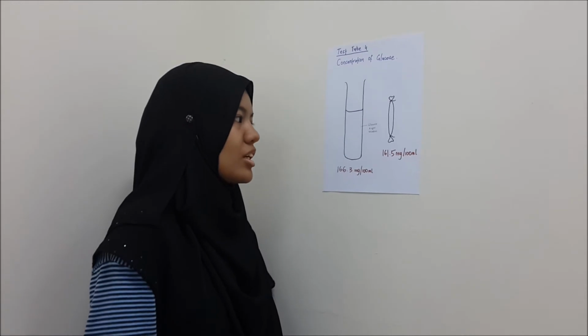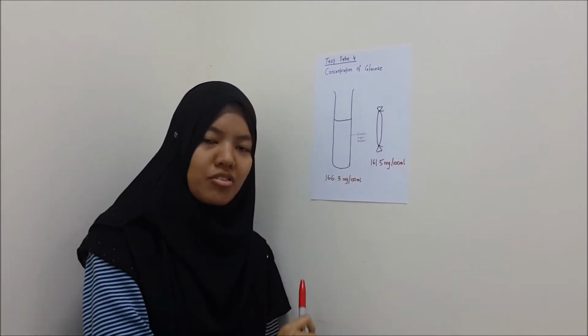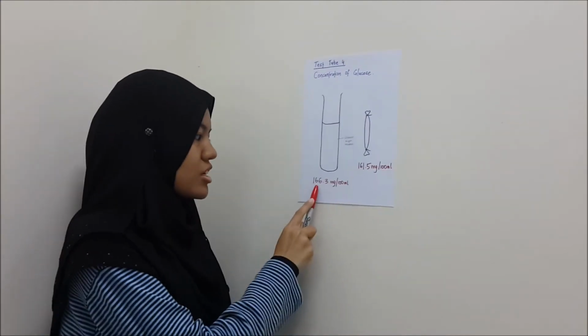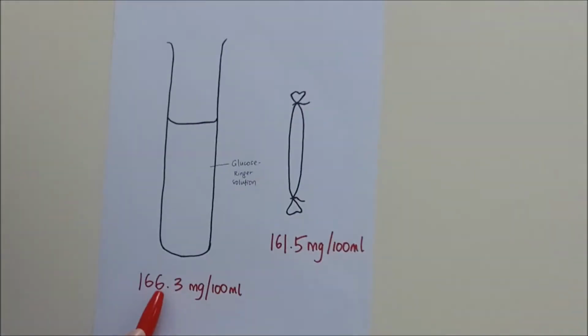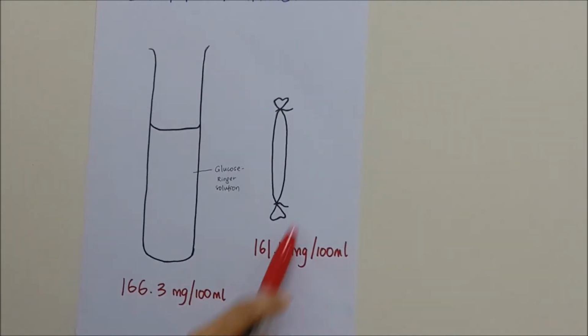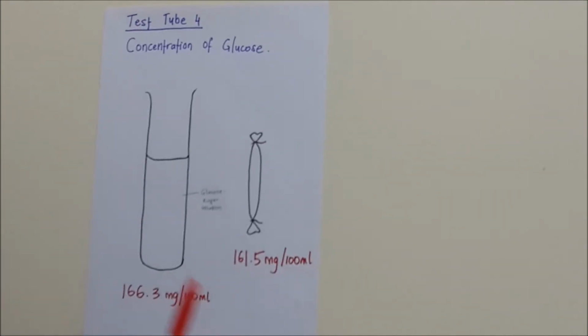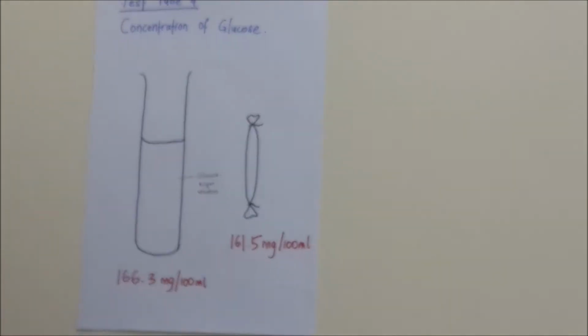In test tube 4, there is only glucose Ringer solution and small intestine without any supply of oxygen. The concentration in the tube is 166.3 mg per 100 ml, whereas in the sac it is 161.5 mg per 100 ml. The difference is not significant.